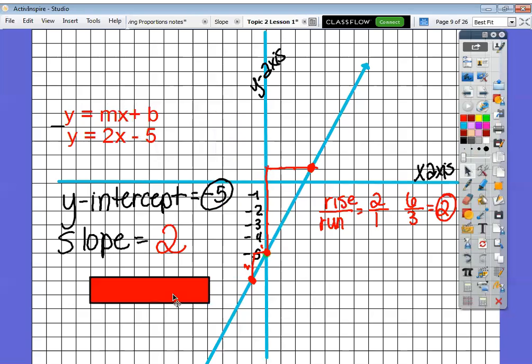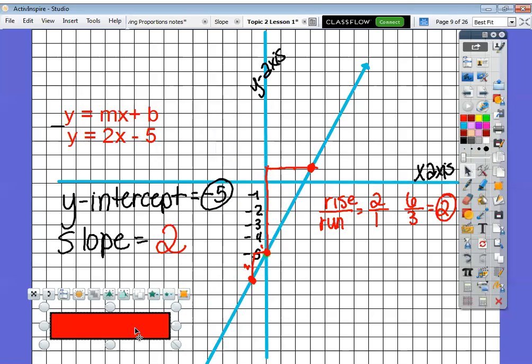So instead of writing plus -5, I can just write minus 5, and it's the same thing. y equals 2x plus negative 5 is exactly the same as minus 5. Okay, and again, congratulations. You've just written an equation for a line.